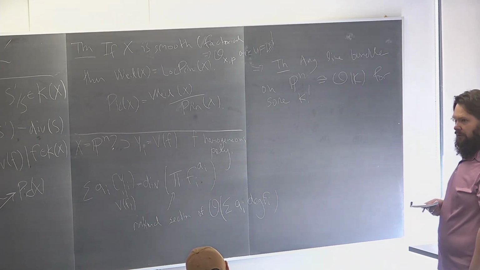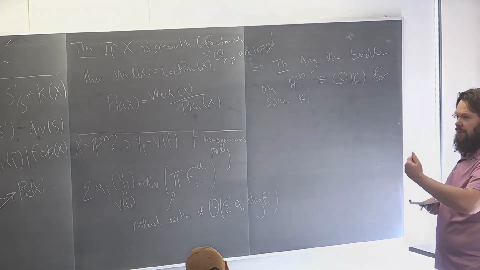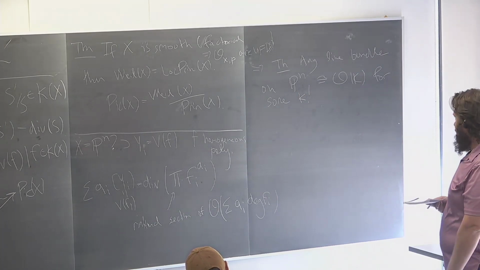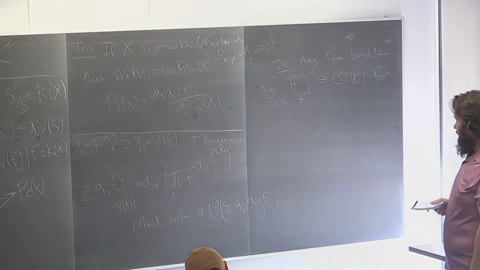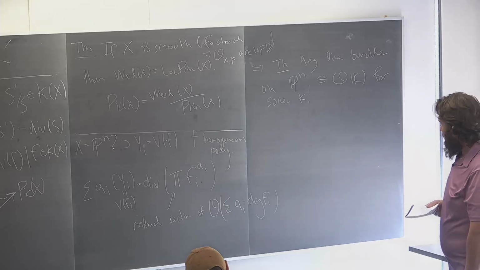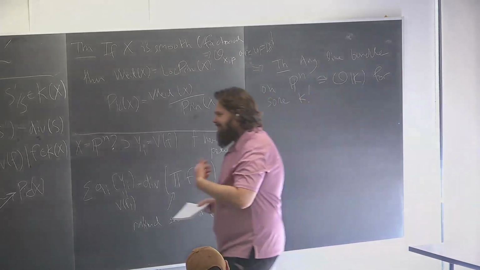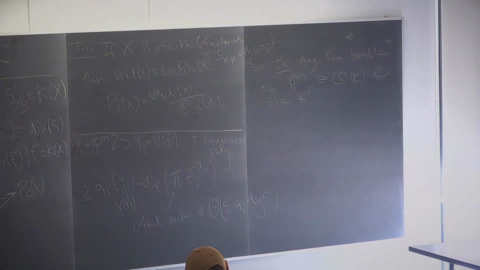Yeah, it's complex codimension 1, right? So it's real codimension 2. Right, the first Chern class is always in H^2.